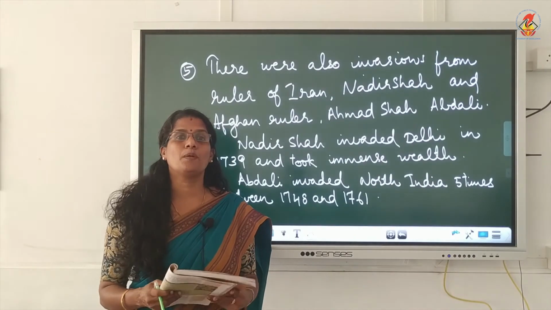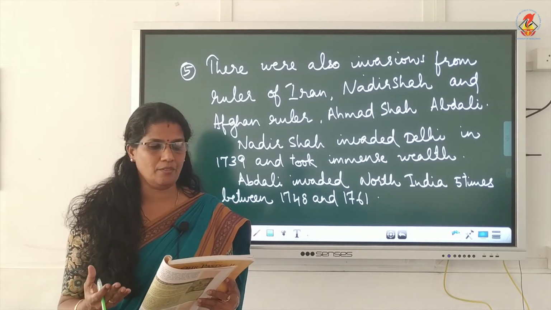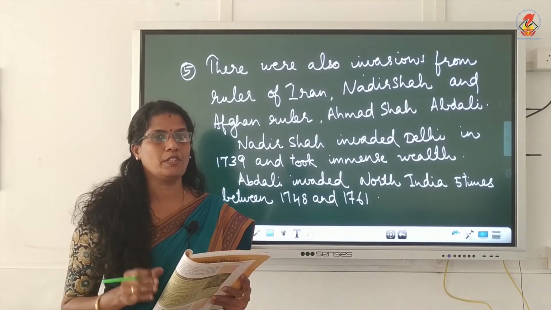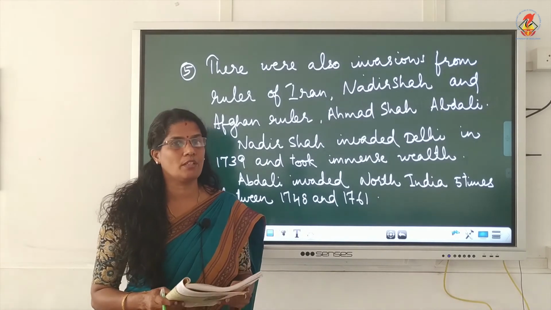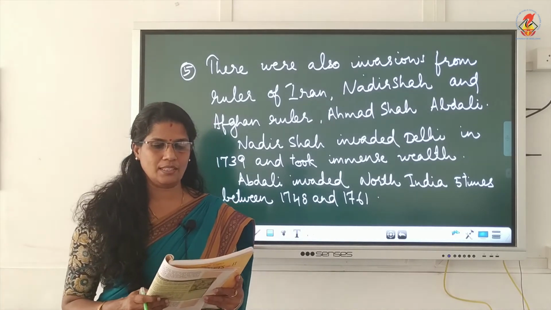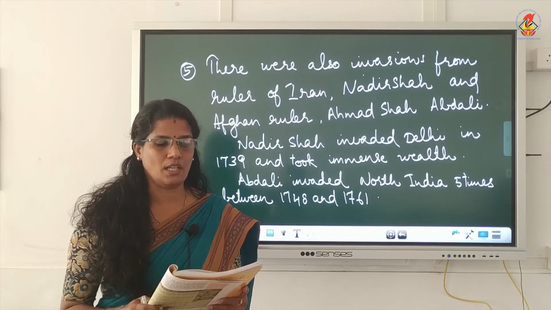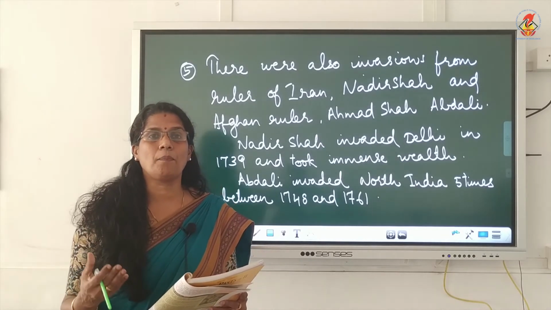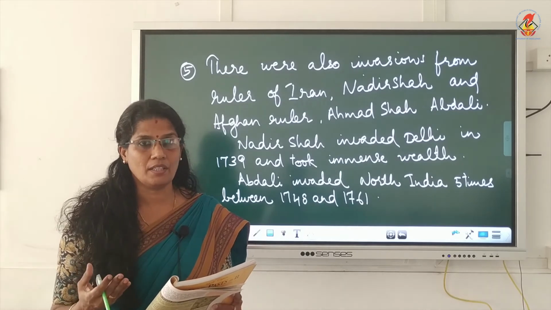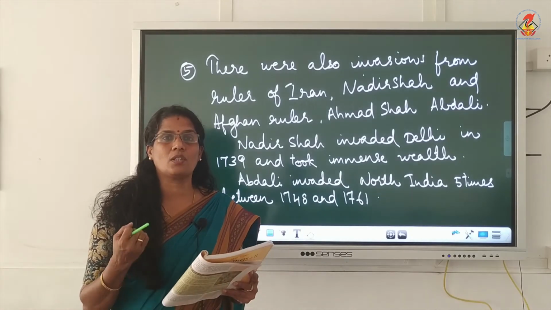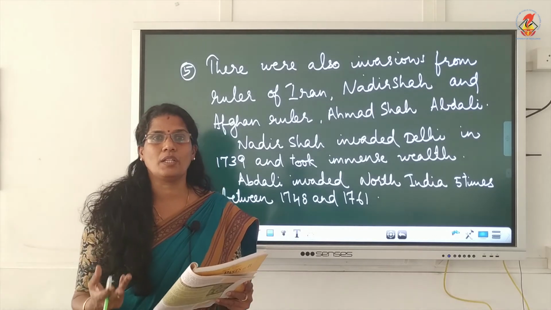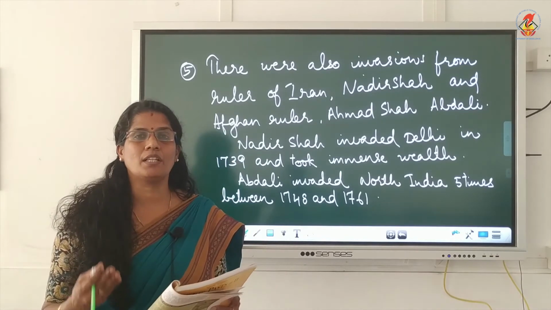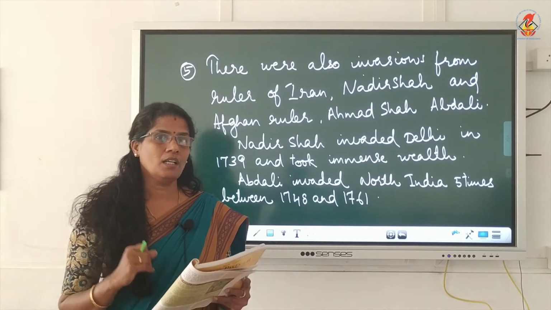Because the nobles were controlling the military and revenue offices, known as Diwani and Faujdari. Okay, underline that. So this has given extraordinary power to whom? The governors or the nobles. They were given extraordinary powers, political, military and administrative. Everything was done by the governors.